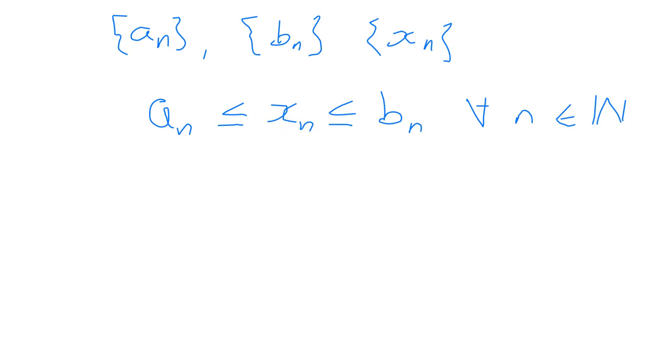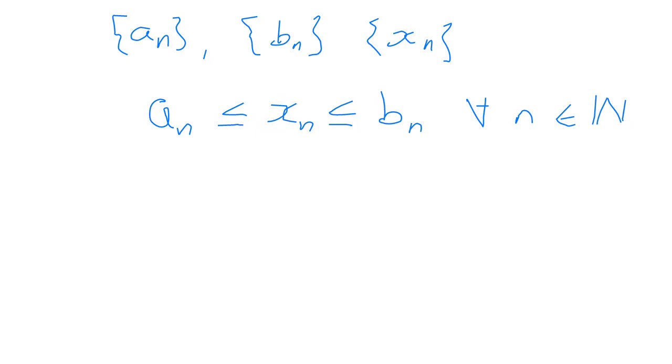Full stop. So you should have: let A n, B n, X n be sequences such that X n ranges from A n to B n for all n in the natural numbers.